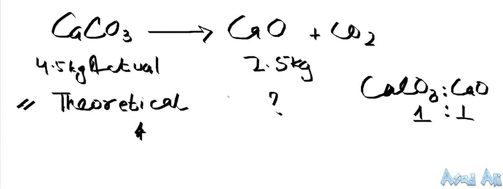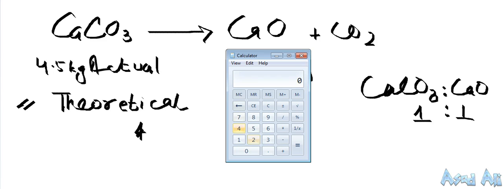Now we'll calculate quicklime. We will first calculate the moles used. As you know, we find moles from grams, so we convert kilograms to grams. That will become 4,500.